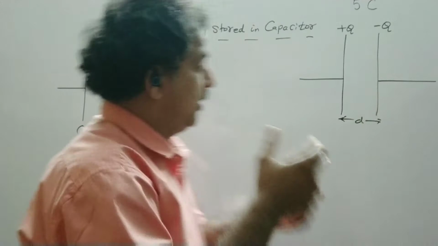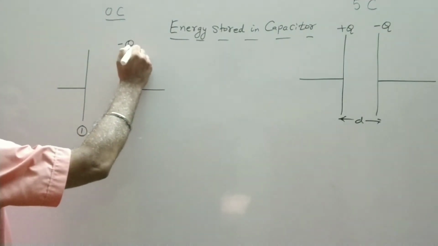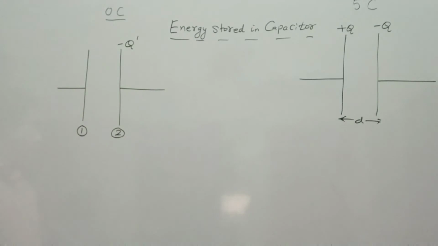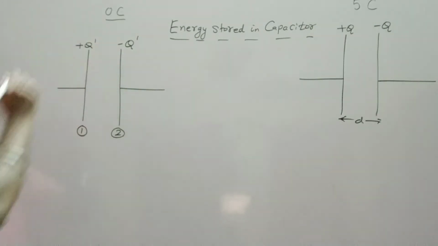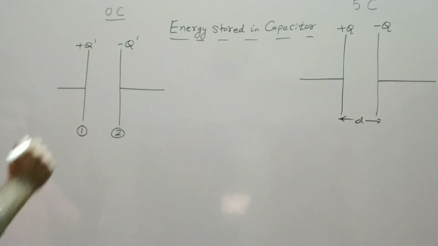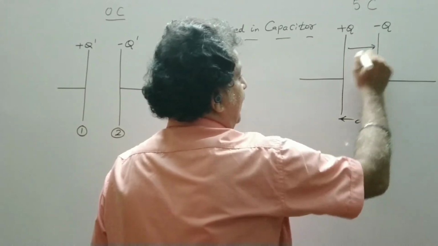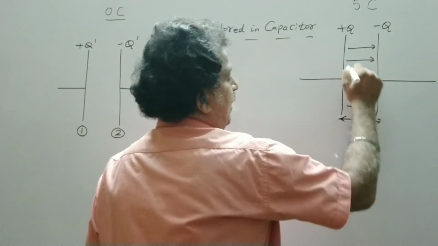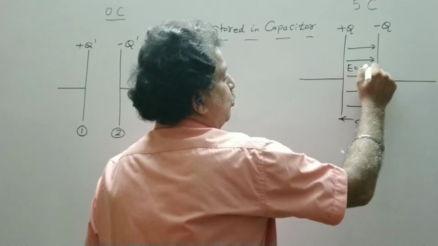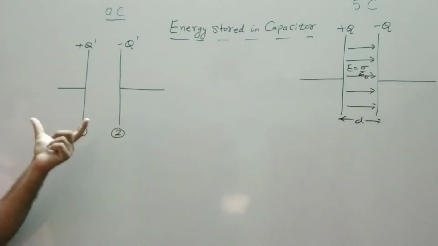So let us consider some intermediate position where the charge on this is minus Q dash and the charge on this is plus Q dash. And the electric field established, if you remember, E was equal to sigma upon epsilon naught.